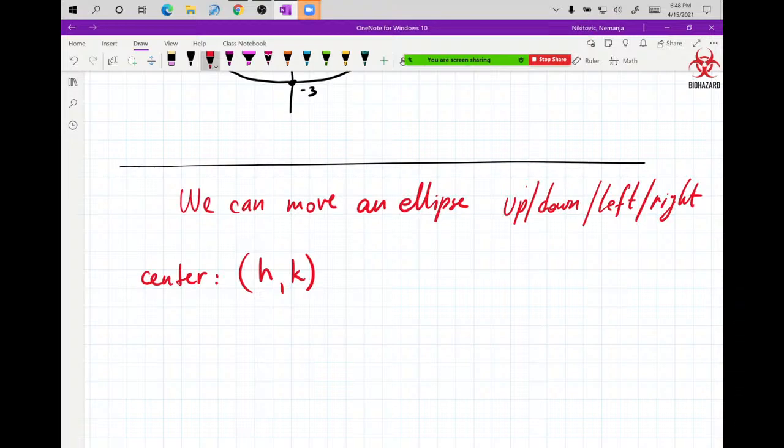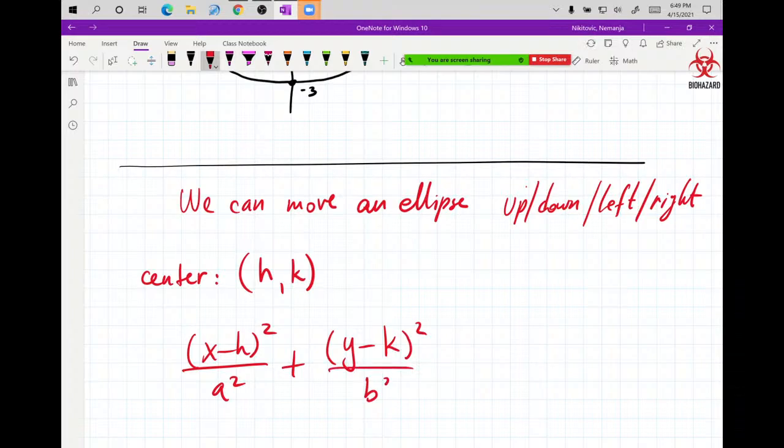We're going to say that x minus h squared over a squared plus y minus k squared over b squared equals 1. And the other one, right? When you have x minus h squared over b squared plus y minus k squared over a squared equals 1, for the vertical.